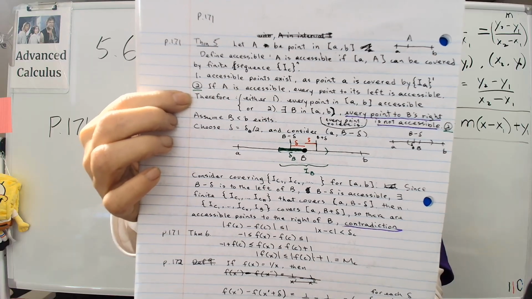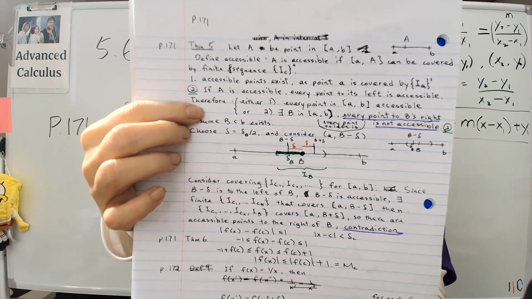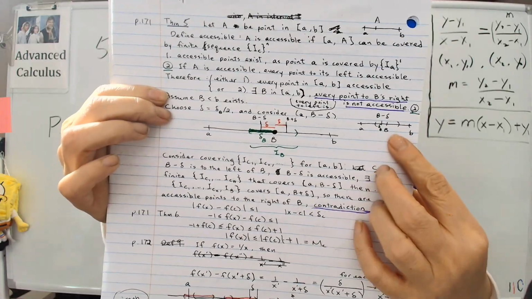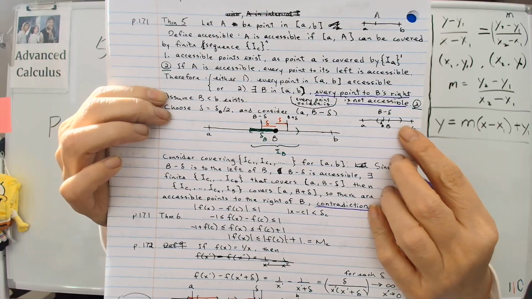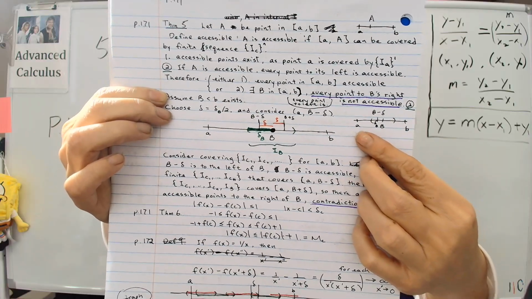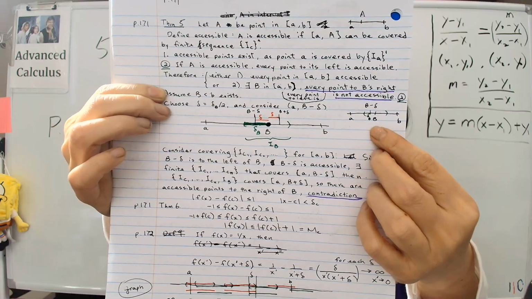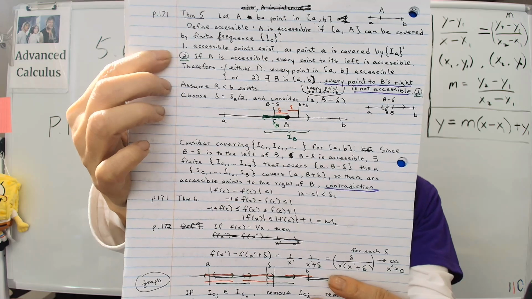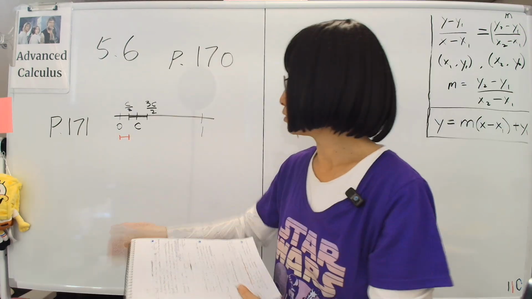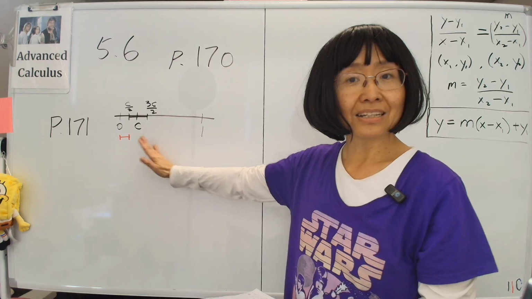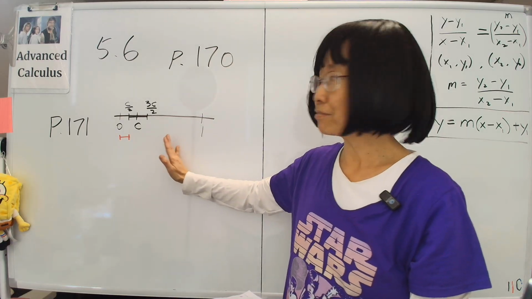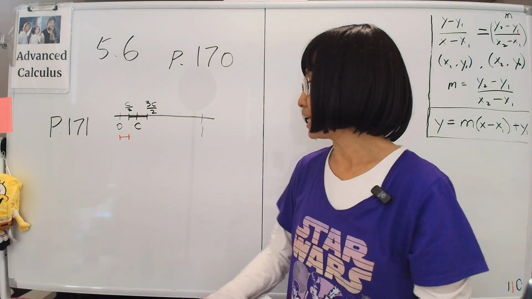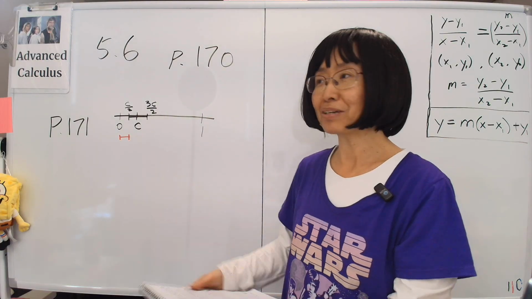Either every point from a to b is accessible, or there exists a point B, which I have a picture of here, such that every point to B's right is not accessible, and every point to B's left is accessible. Because of this situation, we can move the point A to the right, keep moving it until it hits a stop, basically, where everything behind it, to its left, is okay, but the future is shot, but the past is okay.